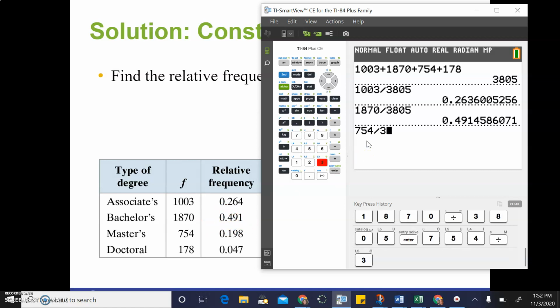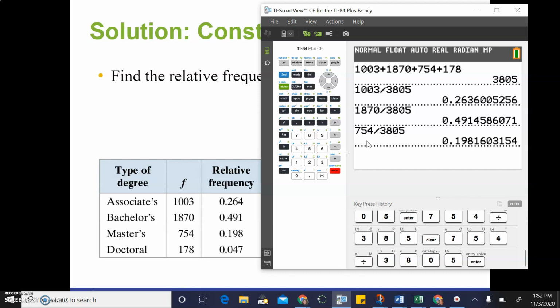Divided by the total. 754 divided by 3,805. And that's where this 0.198 comes from, and you get the idea.